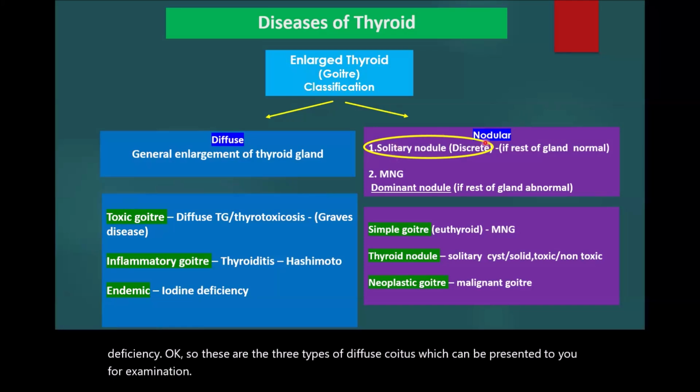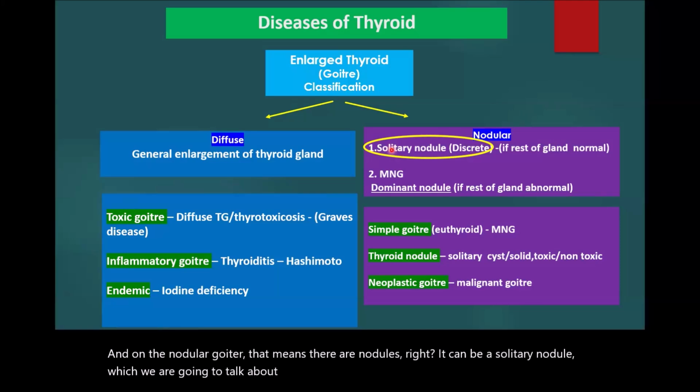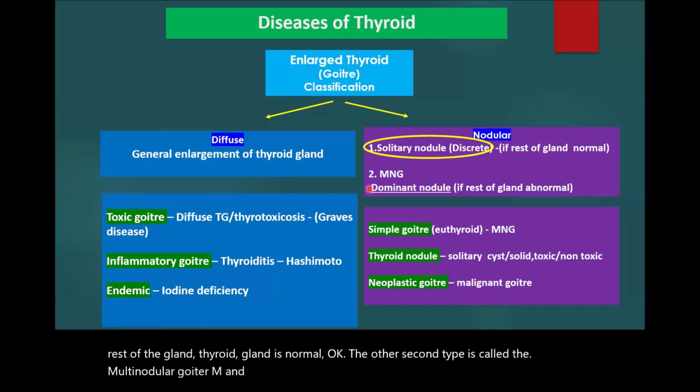Then on the nodular goiter, that means there are nodules. It can be a solitary nodule, which we are going to talk about today. Okay, single nodule, where in this solitary nodule, the rest of the thyroid gland is normal. The second type is called the multinodular goiter, MNG, which is a very common condition.